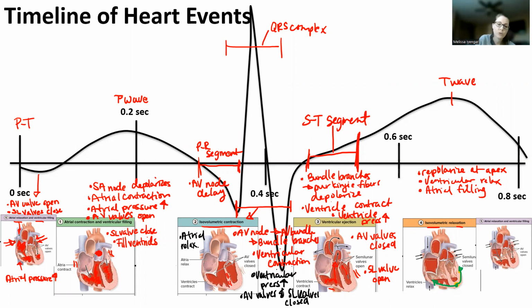Then you have atrial contractions. So it's kind of weird how they're doing isovolumetric relaxation. Because during isovolumetric relaxation, the atria are going to start to fill with blood. The AV valves are closed. And the semilunar valves are closed. Okay, hopefully you understand why. Because here, in this case, artery pressure is highest.